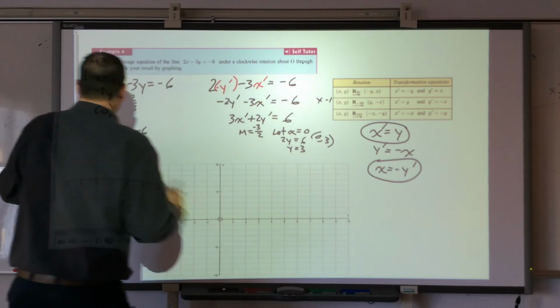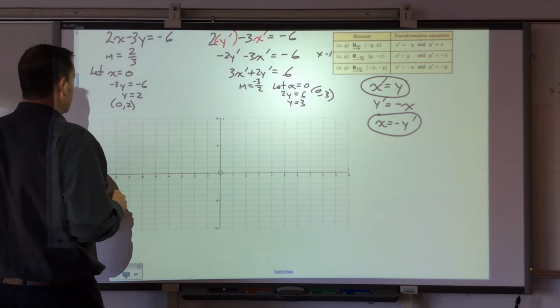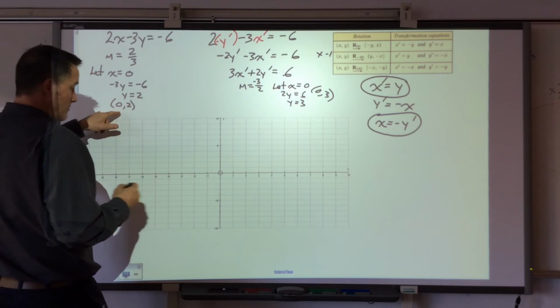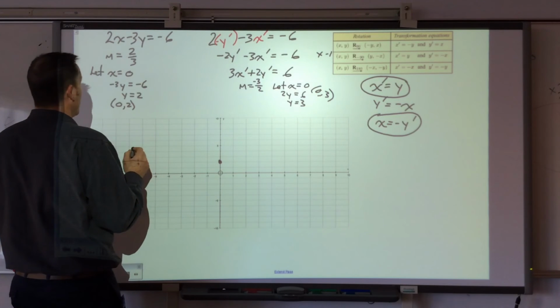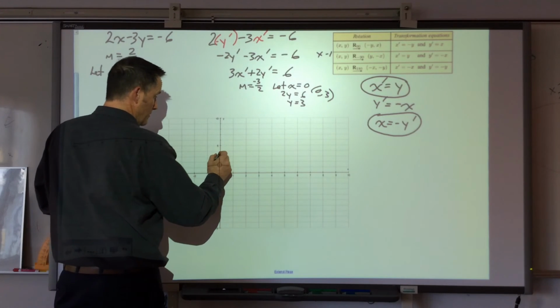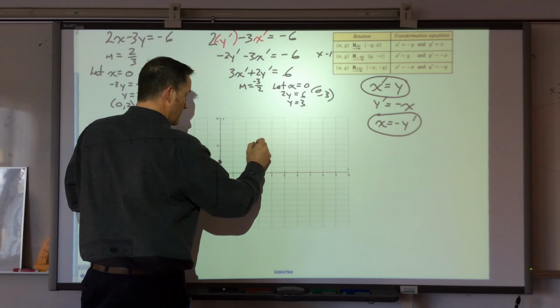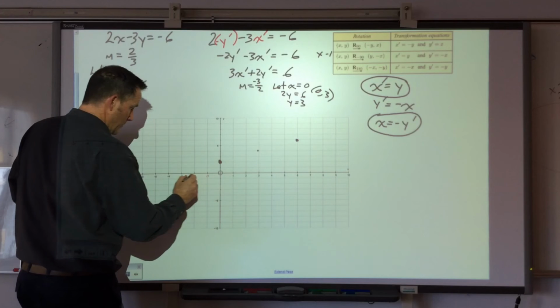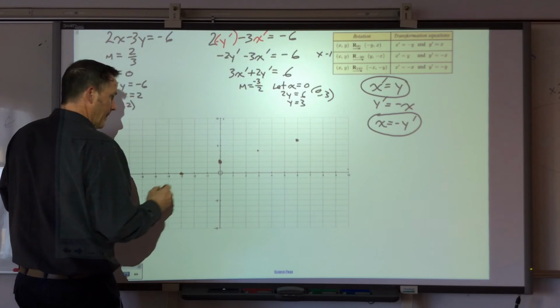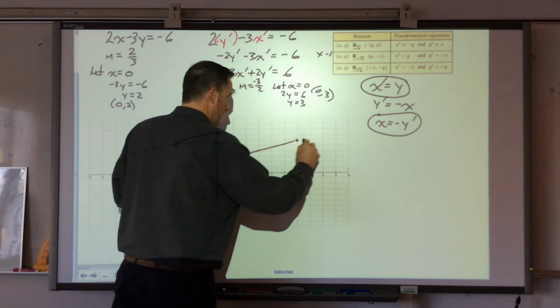With that, we'll graph the original line. And that's going to have (0, 2) as a y-intercept. And it has a slope of 2/3. So I'm going up 2 over 3, up 2 over 3, down 2 over 3. Gives me this line.